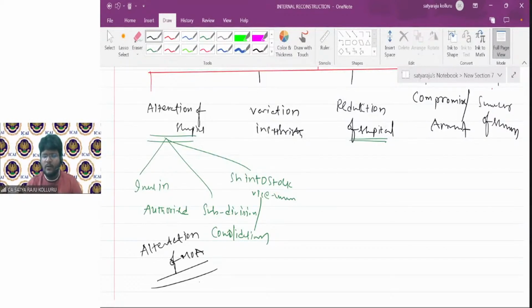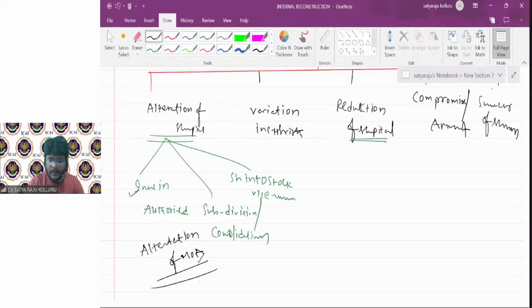Like that, certain procedural steps you need to conduct. Then you can alter the MOA. After alteration of MOA, the communication should be made to the relevant ROC by filing the relevant forms as per the Companies Act 2013. If you complete all such procedure, then you can increase your authorized share capital.